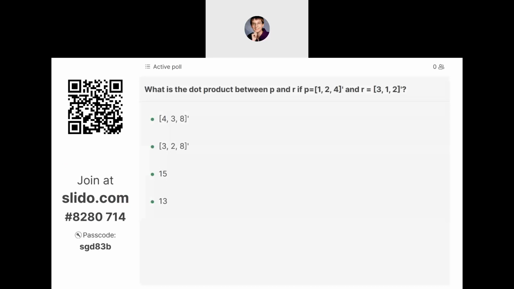So, first thing, taking the dot product between two vectors. It's kind of hard to do math notation in Google Slides, so this vector would look like 1, 2, 4, and this vector would look like 3, 1, 2.